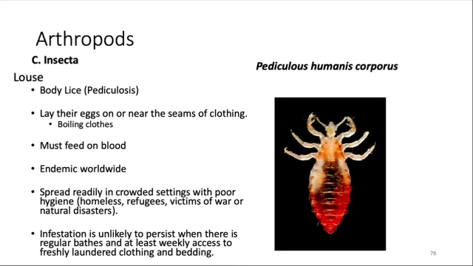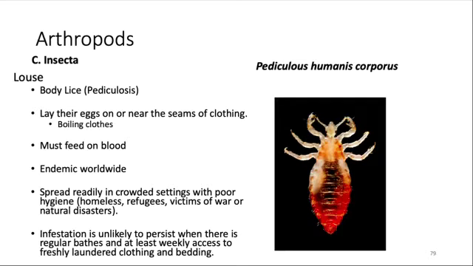They're endemic worldwide, and you typically will find them in settings where there is crowding. So you're looking at homeless settings, refugee settings, and stuff like that, where there isn't much hygiene and there isn't much laundering or regular baths taking place among the individuals.